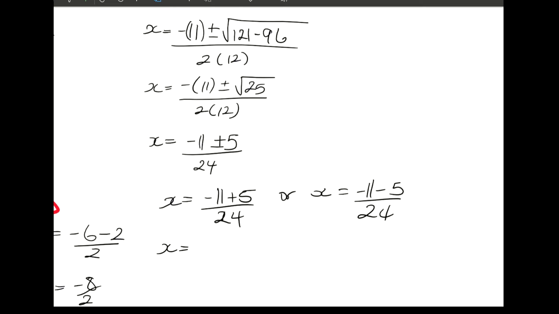So you're going to work this out. You're going to have negative 6 over 24, or x is equal to negative 16 over 24.